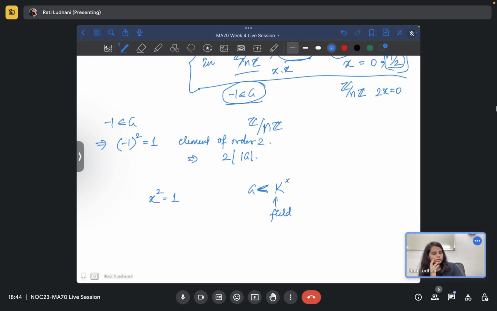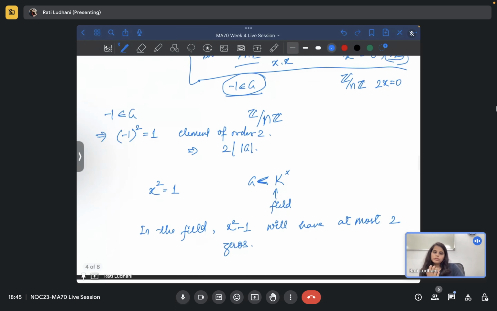Okay, so we know that in the field, x square minus 1, any polynomial will have at most 2 roots, 2 zeros, right?